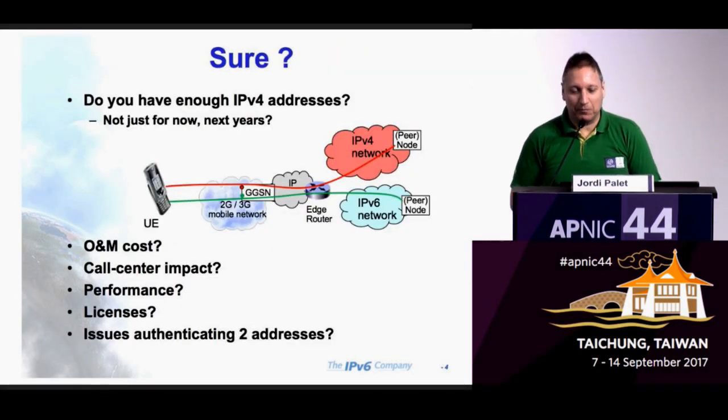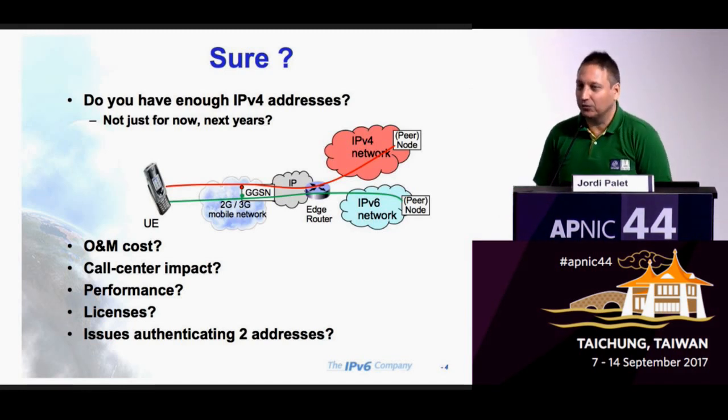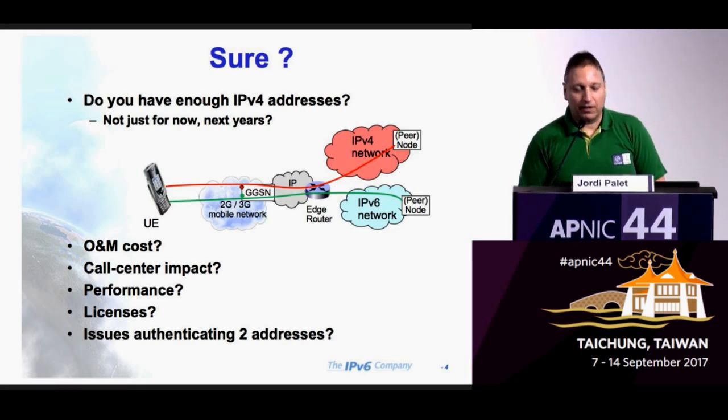If we don't have any more IPv4 addresses, we cannot really do dual stack, right? Do you have enough IPv4 addresses today for your users? And for tomorrow, as you keep growing, considering a dual stack approach? What is the cost, I mean the operation and management cost, of having dual stack?